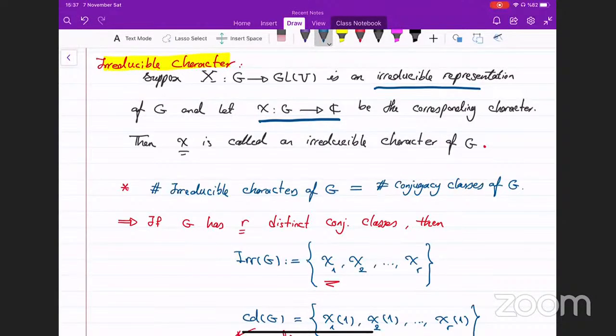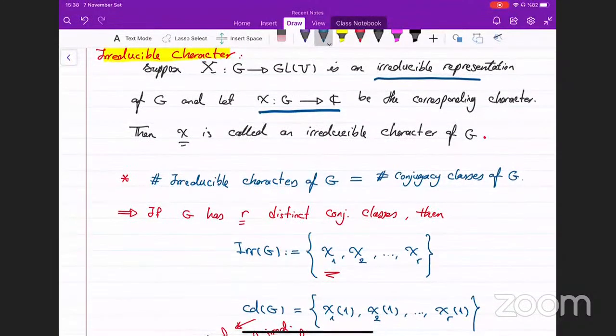If you are familiar with CG modules, what I mean is that it is a character afforded by a representation, which is a homomorphism that we obtain from a linear action of G on a simple CG module.